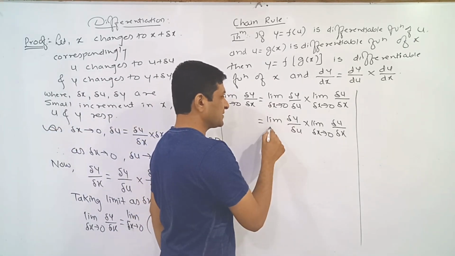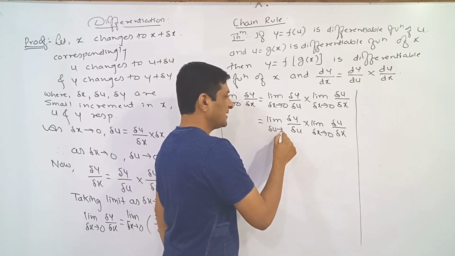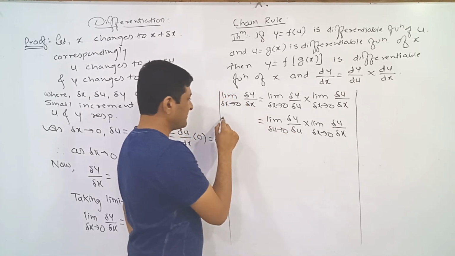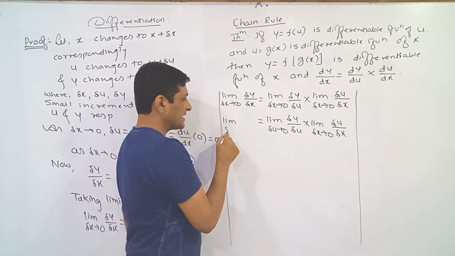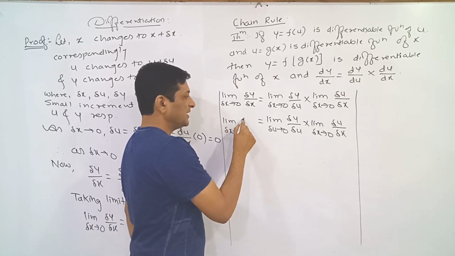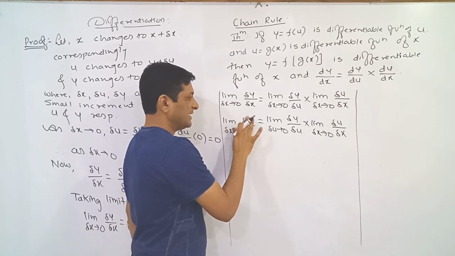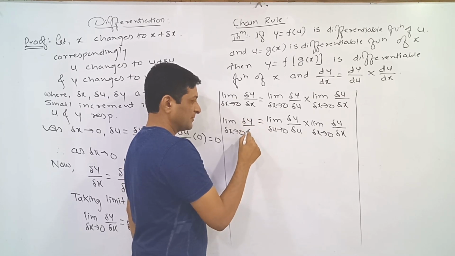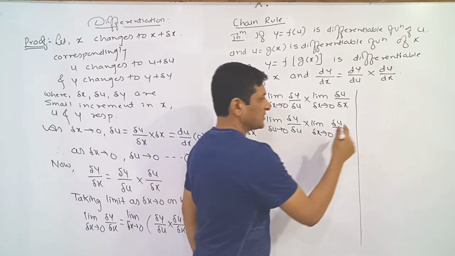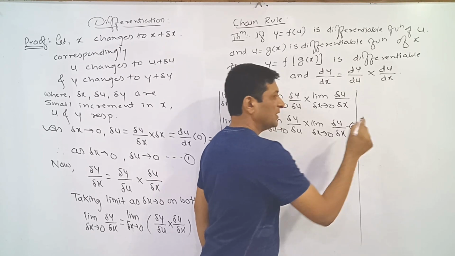So replace this Δx tends to 0 by Δu tends to 0 and keep the left hand side as it is, limit Δx tends to 0, Δy/Δx. Denote this new equation by equation number 2.